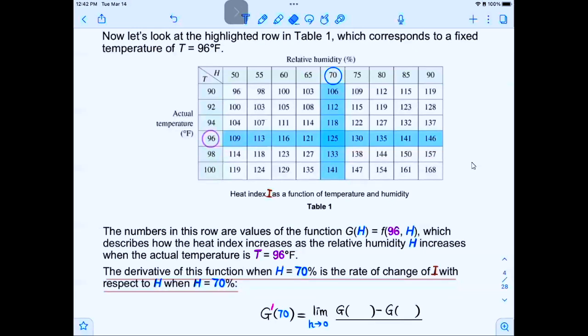Now, the derivative of the function when the humidity is 70%, right here, is the rate of change of heat index with respect to the humidity. So it's G prime of H, which is G prime of 70.